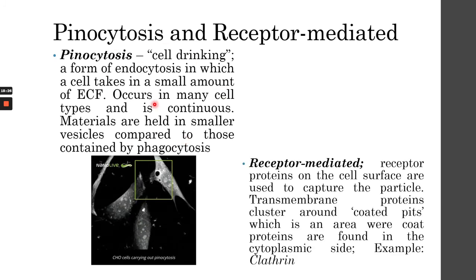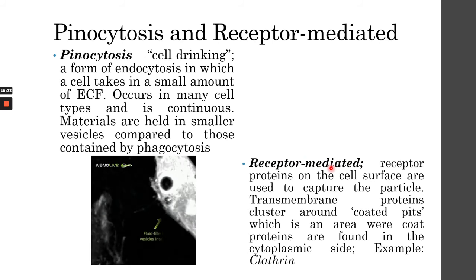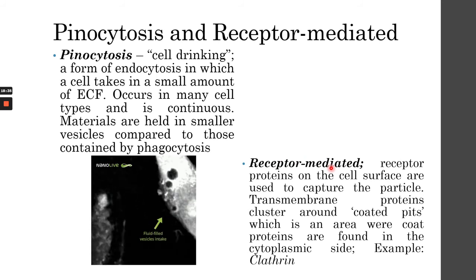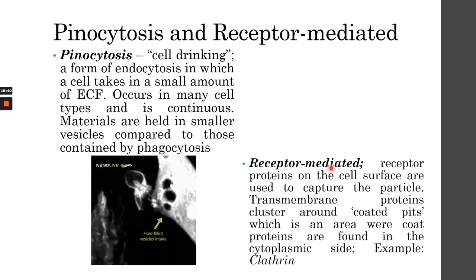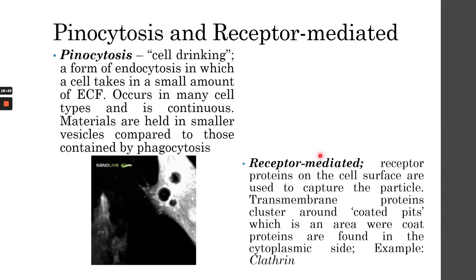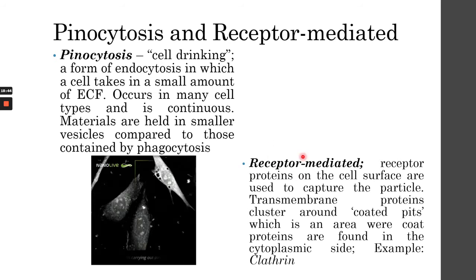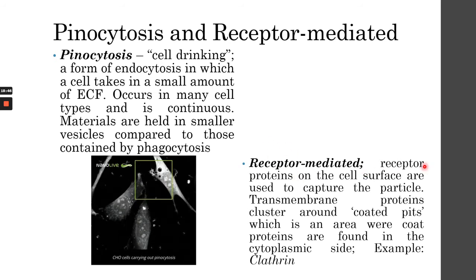And lastly, receptor mediated. For receptor mediated, from the word mediated, there is a help. So the cell uses help in order to put things inside, in order to engulf things. And that help is conducted by receptors. Receptors are a type of proteins.